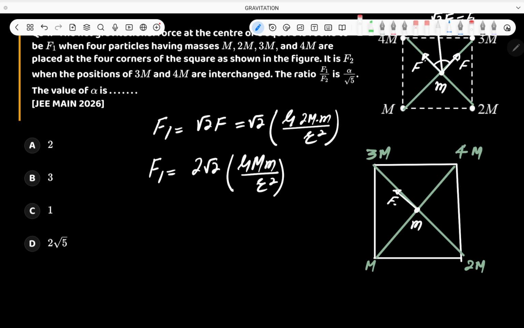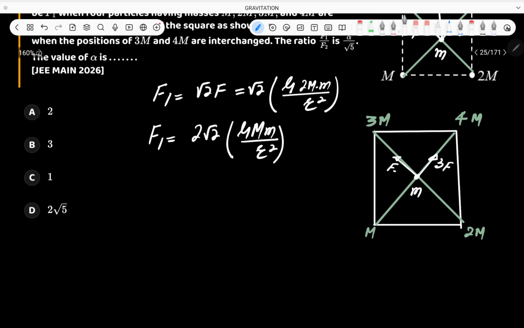Then look here, this mass is 4m and this mass is m. 4m minus m is 3m. So the force in this direction will not be F. This F is because of m, and this will be 3F. Why have I written down 3F? The reason is that it is because of 3m.